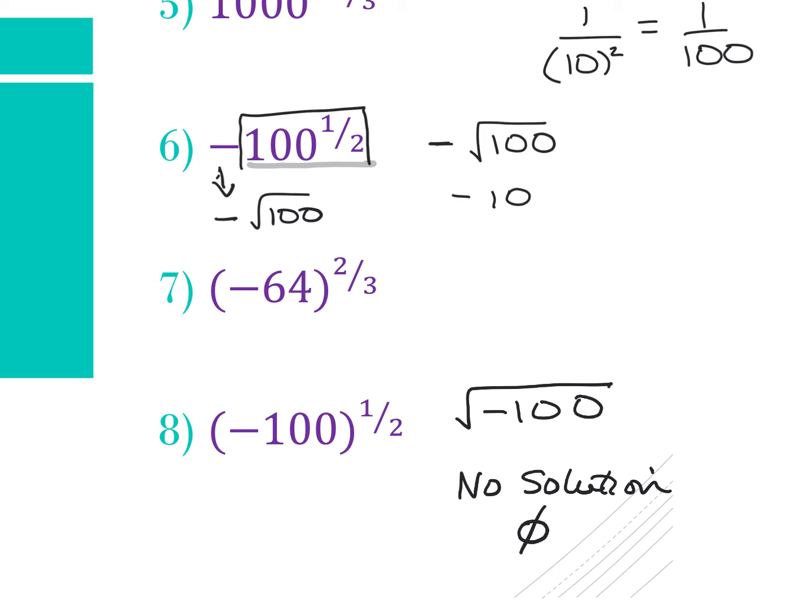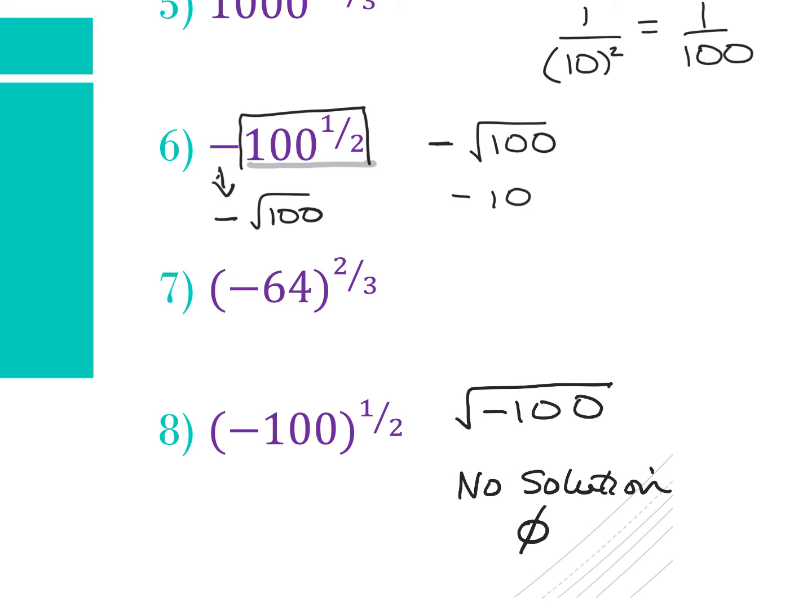We're going to learn, and we're going to end up getting an imaginary number out of it. And once we learn how to do it, it's going to become a 10i. But for now, if on the quiz on Thursday, I ask you to find the square root of a negative number, you're going to tell me no solution. So notice the difference between 6 and 8. 6 has an answer because that negative sign was not with the 100, but number 8 it is.